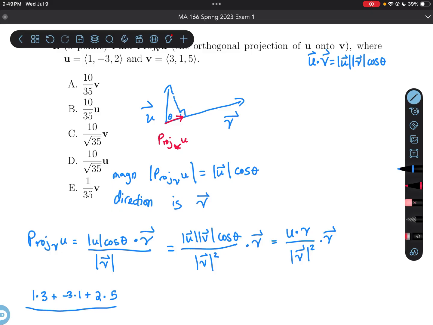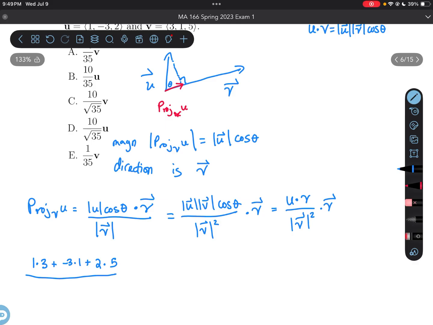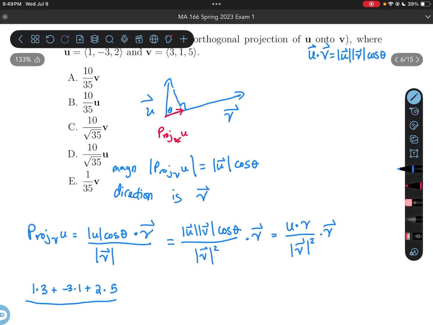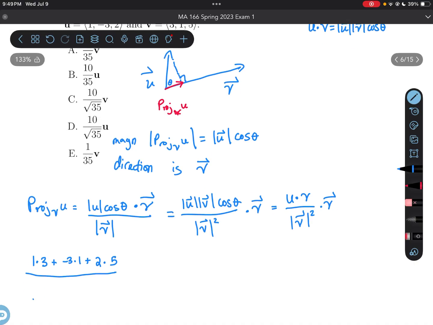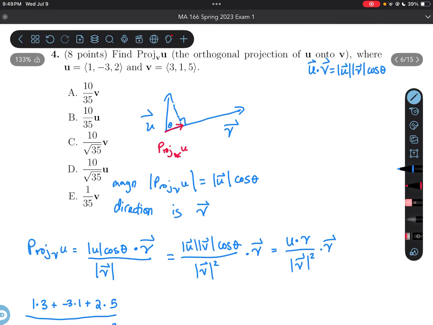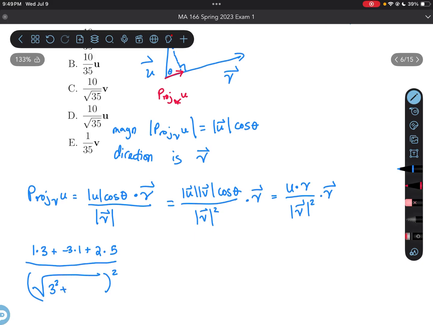Okay. And for the denominator, it is the magnitude of vector v squared. So we can find the magnitude of vector v by taking the square root of the sum of the squares of each coordinate. So the magnitude, we take the square root of 3 squared plus 1 squared plus 5 squared.